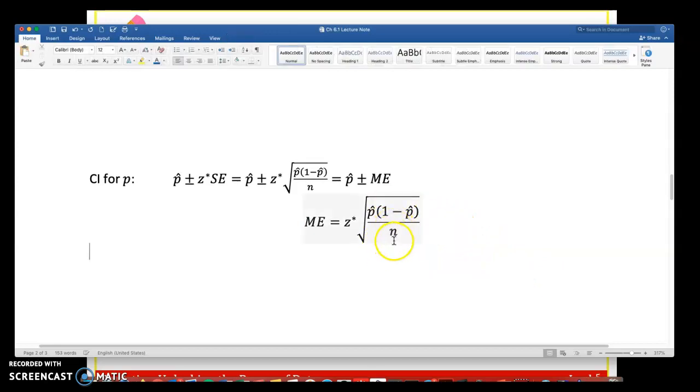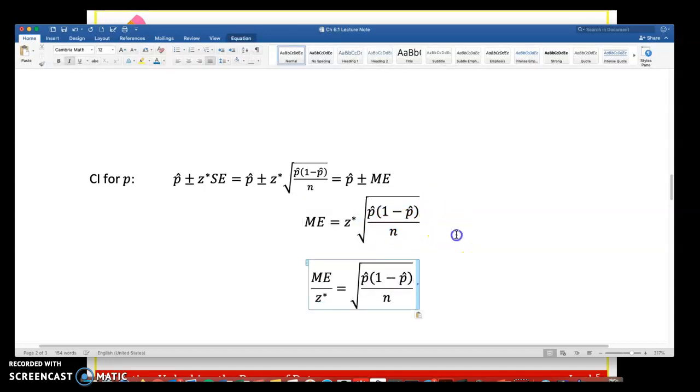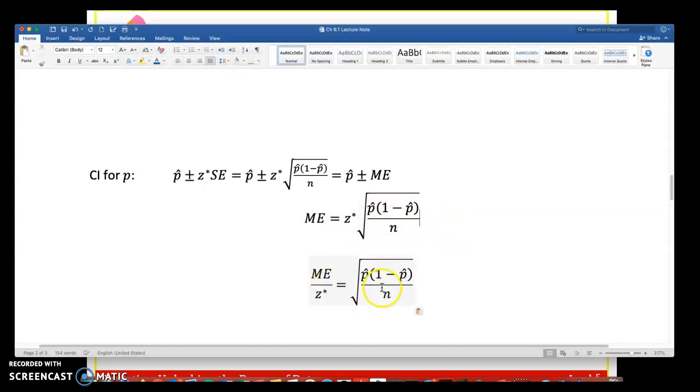So what we're doing right now is solving for n. The first thing I would do algebraically is divide both sides by the z star. So we get the margin of error divided by z star, and that's going to equal the square root. Just copy this over. So if I'm solving for n, first step is divide by z star on both sides.